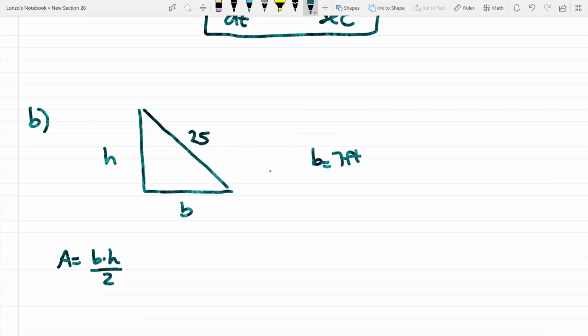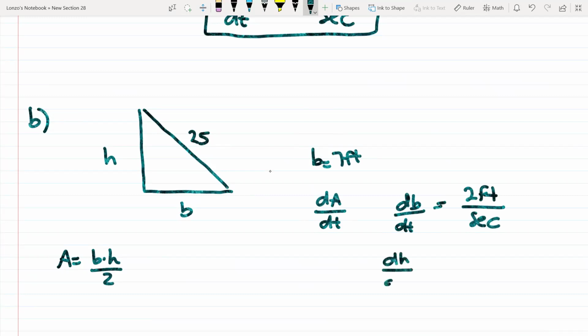And then what are we trying to find? We are trying to find dA/dt. And we already have dB/dt, that was 2 feet per second. And we also have dH/dt, which is negative 7 over 12 feet per second.